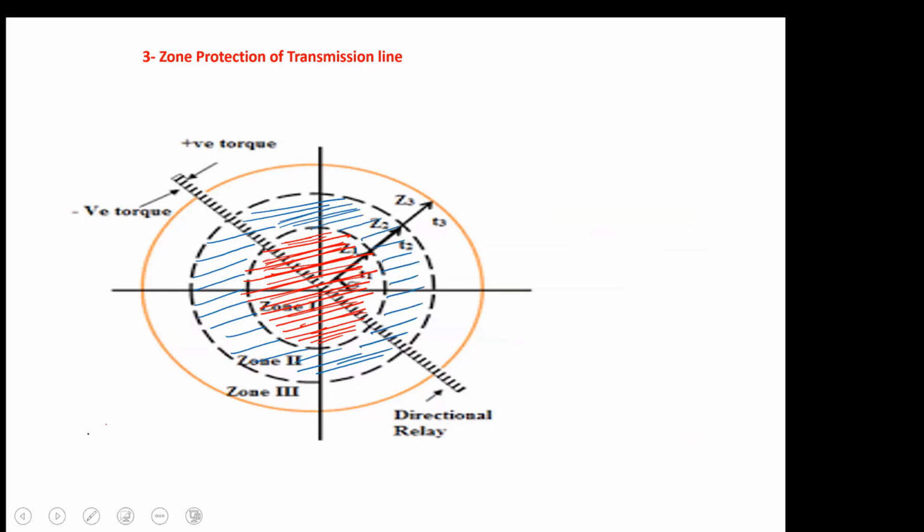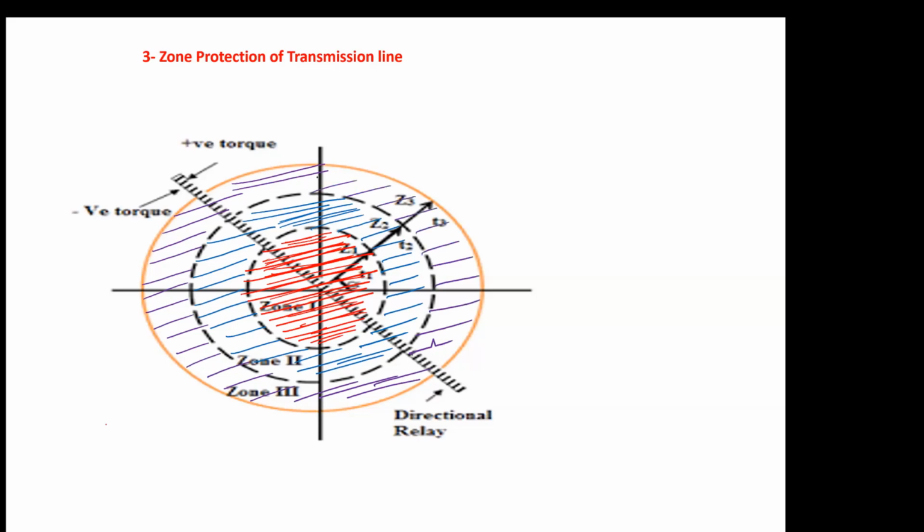That is the medium speed zone. If the impedance seen falls in this last region, it is the low speed zone or zone 3, so it will have more time delay and then operate. Okay, this is the 3 zone protection characteristic of an impedance relay.